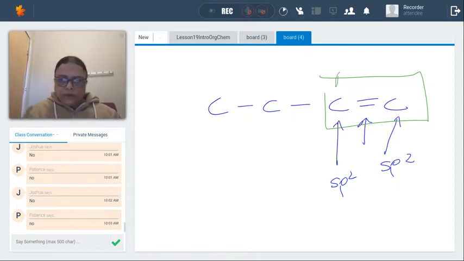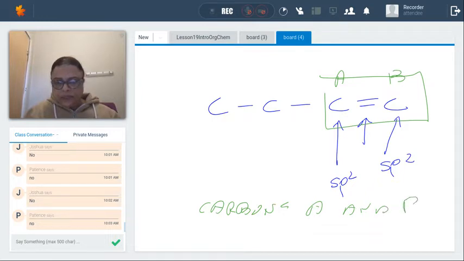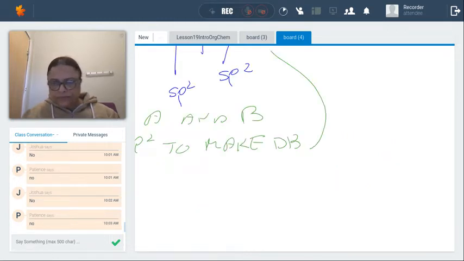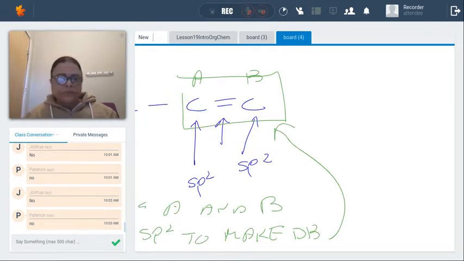So let's call this carbon A and carbon B. Carbon A and B undergo sp2 to make a double bond. Okay?